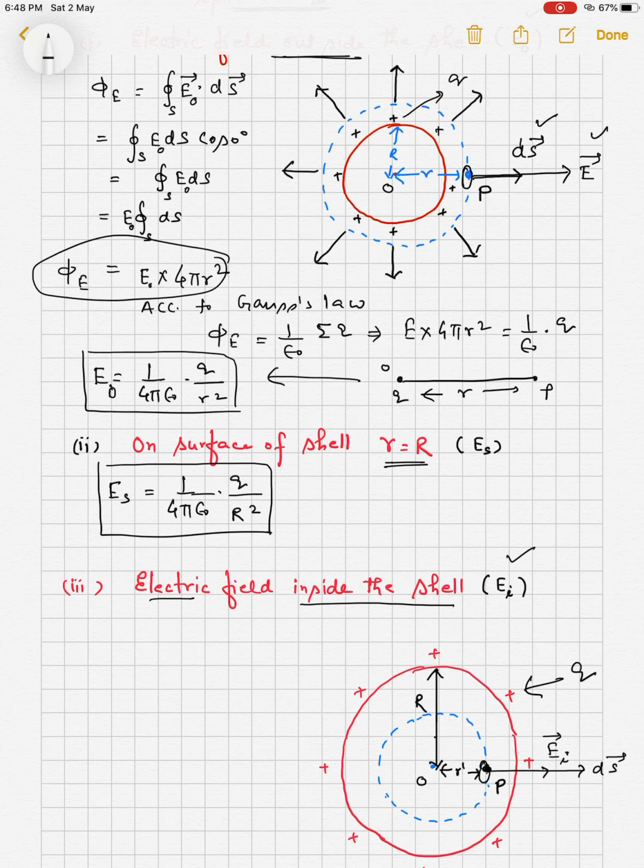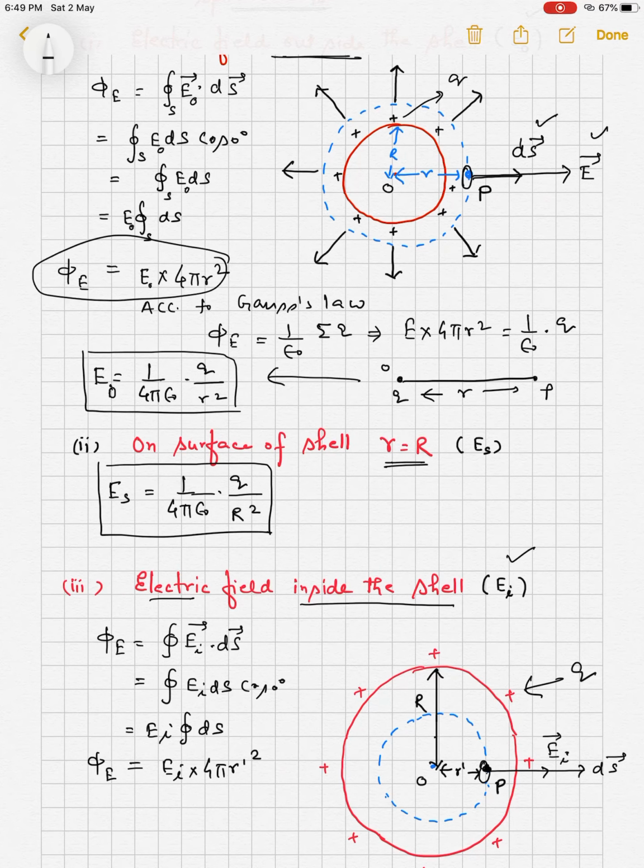So again, using electric flux, phi E is equal to integration EI dot ds. The angle between EI and ds is 0 degree. So it is integration EI ds cos 0 degree. EI is the same due to symmetry. EI integration ds, and integration ds will be the surface area of this Gaussian surface of radius small r dash, EI into 4 pi r dash square.